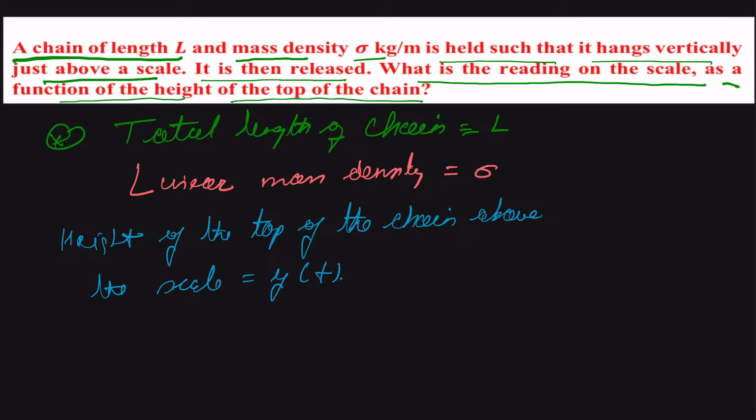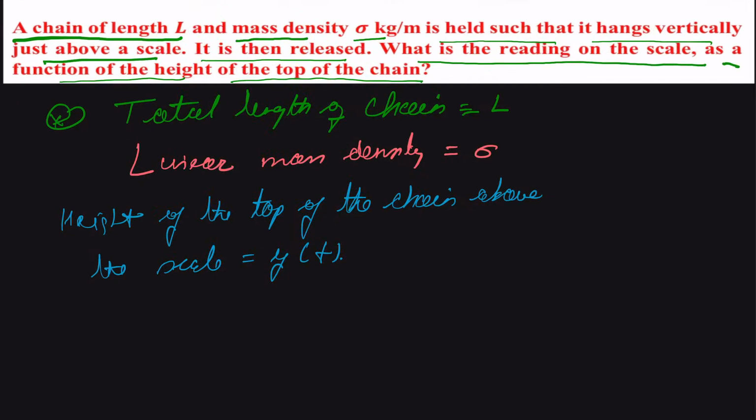And obviously there will be a gravity g acting downward, and in this entire discussion we are going to take downward motion as positive. Downward we are going to take as positive.